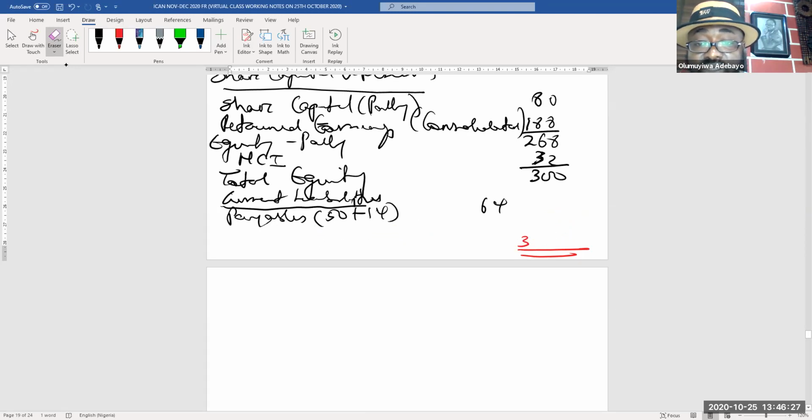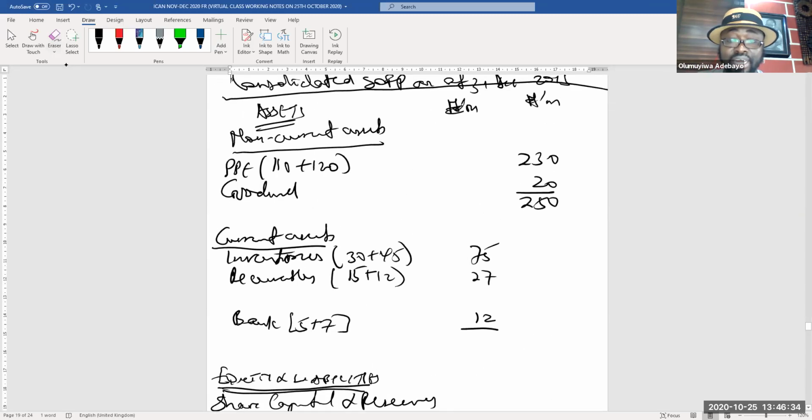All of this will be what? Affected. I think this is also different. Now, let's go back to our balance sheet. You find out that our PPE is still 110, 120, goodwill 20, inventory 30, 45, receivable 15, 12.